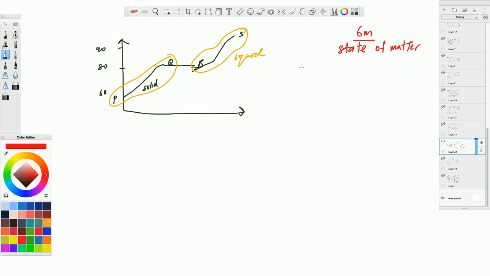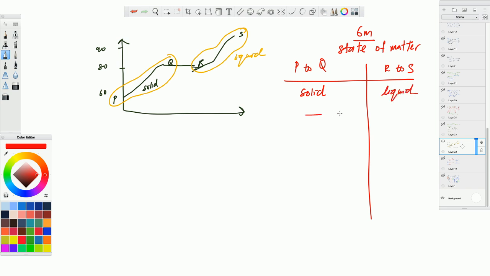So state of matter, P to Q, R to S. Here you just have to write solid, here you write liquid, and tada, you got 2 marks already. First one was state of matter. Second one is movement.